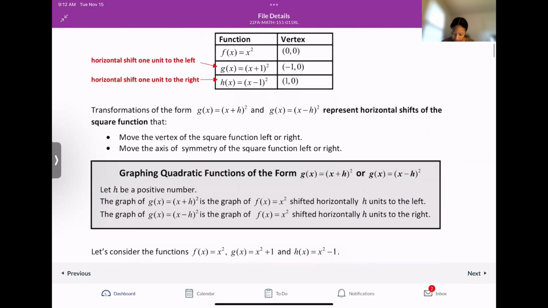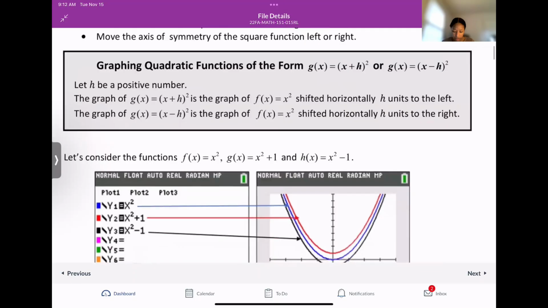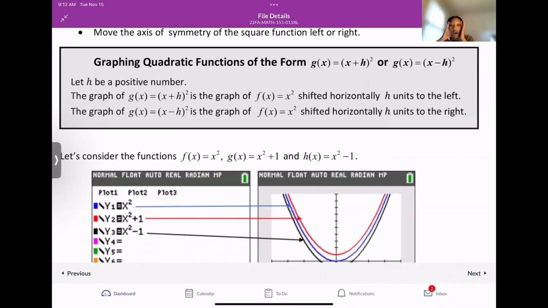Let's talk really quickly about these rules. If you have a positive number h, if you add a number to the x, that shifts your graph to the left h units.